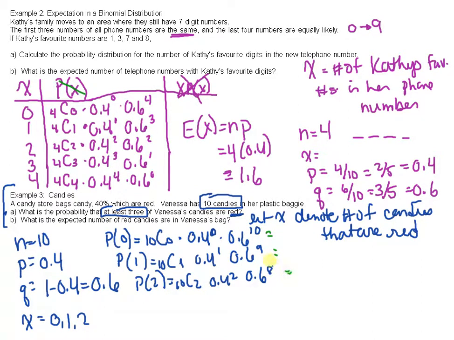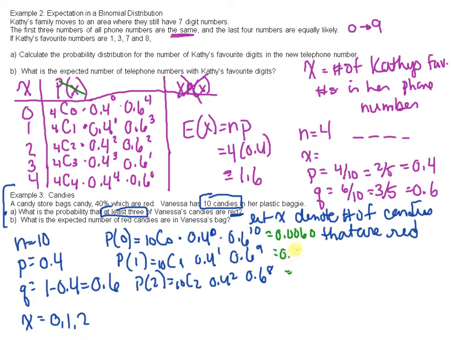I'm going to change my color for the actual answers. So we just want to put this into our calculators. 10 choose 0 times 0.4 to the 0 times 0.6 to the 10. Okay, that's what I got for the first one. Now 10 choose 1, 0.4 to the 1, and then 0.6 to the 9.